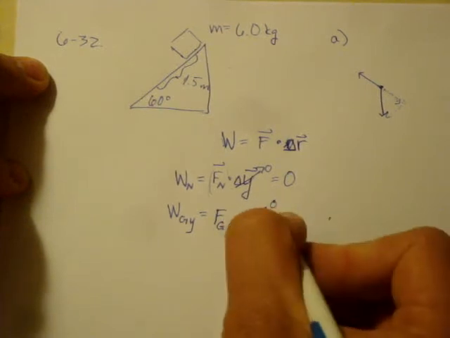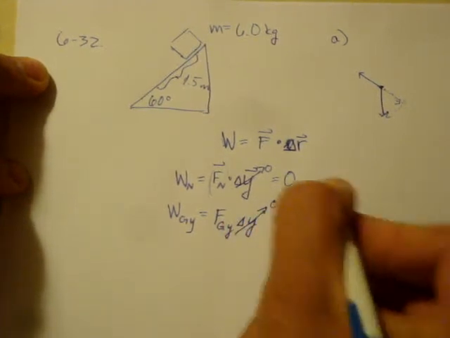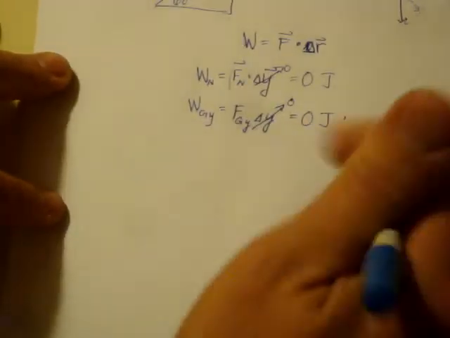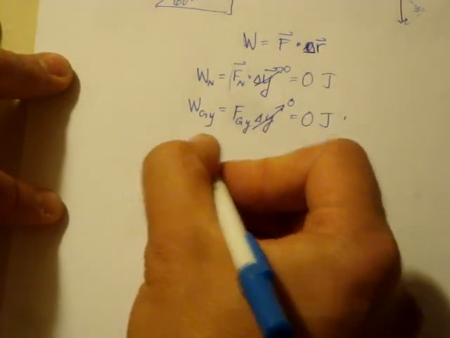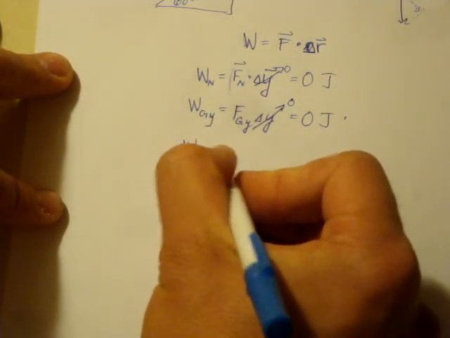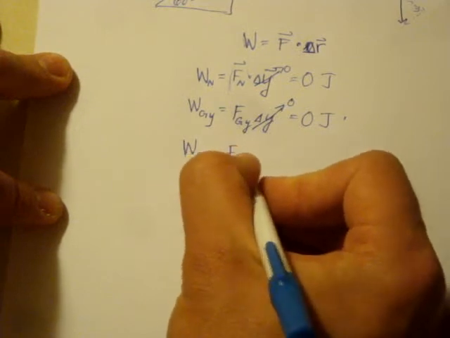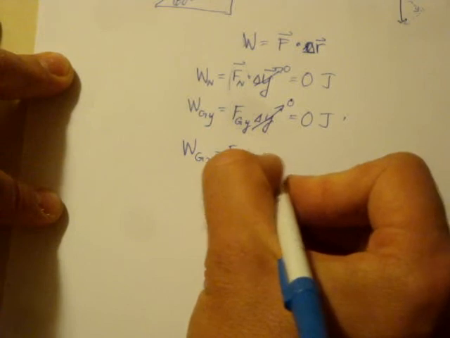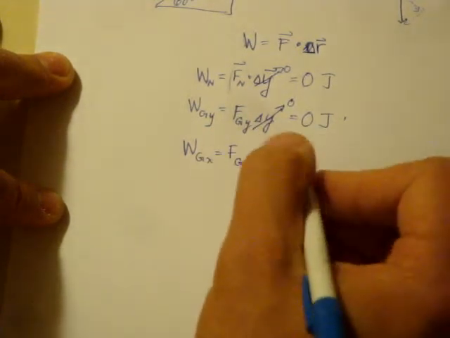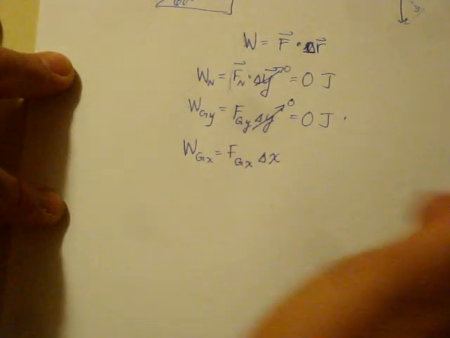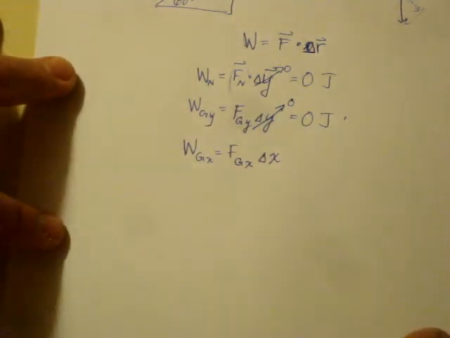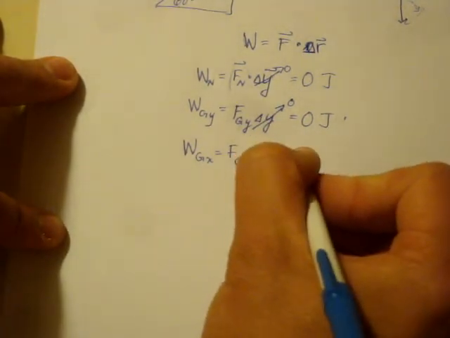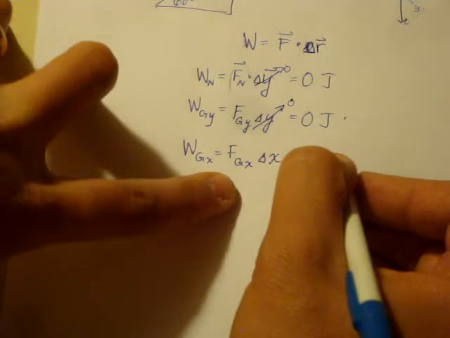So this is also equal to 0, no work done here, 0 joules also. The x component of the gravitational force, however, has some value: the force of gravity in the x direction times the displacement in the x direction along the ramp. There is some displacement and some force, so there's going to be a value for our work in this situation.